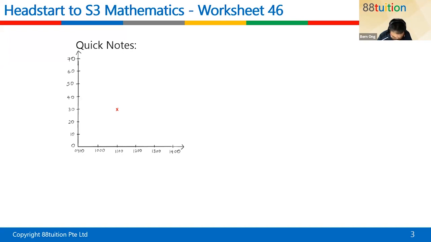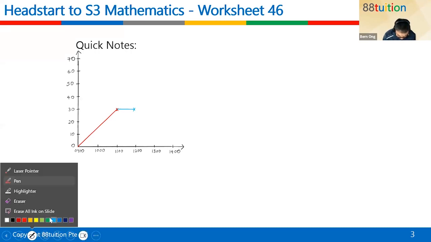From here to here, this is the red line, followed by this blue line here. This is a horizontal line, followed by this green line over here.